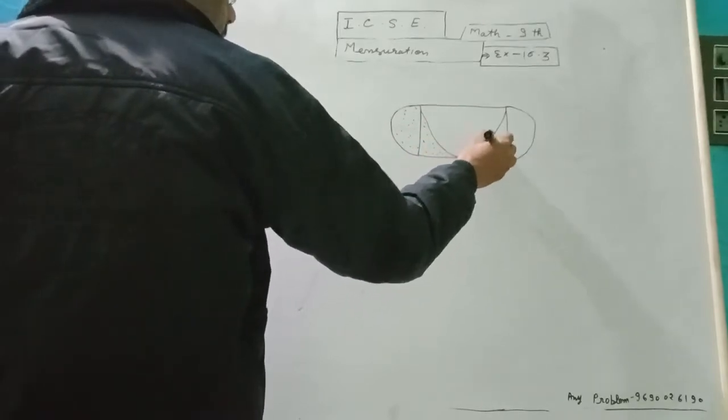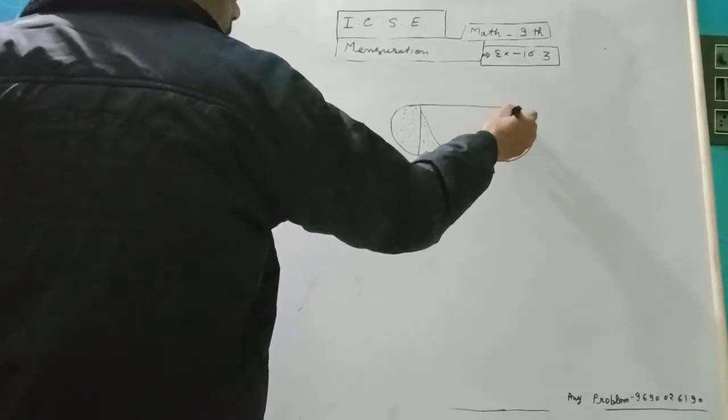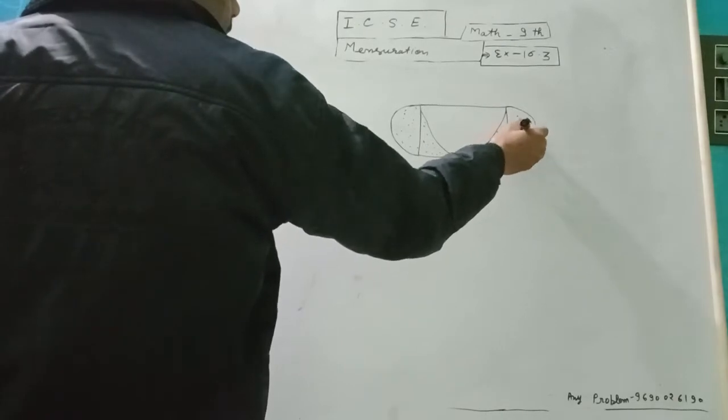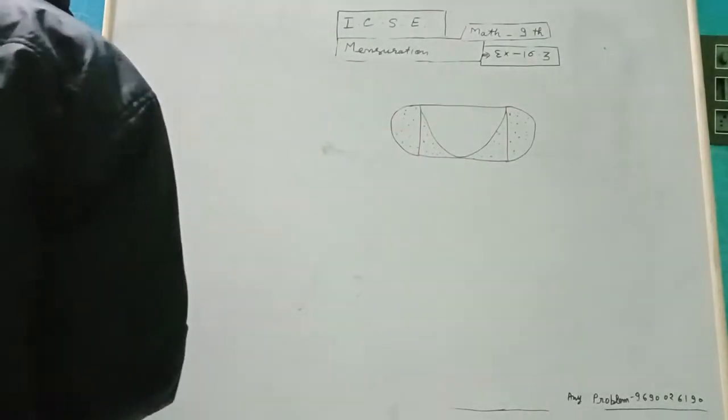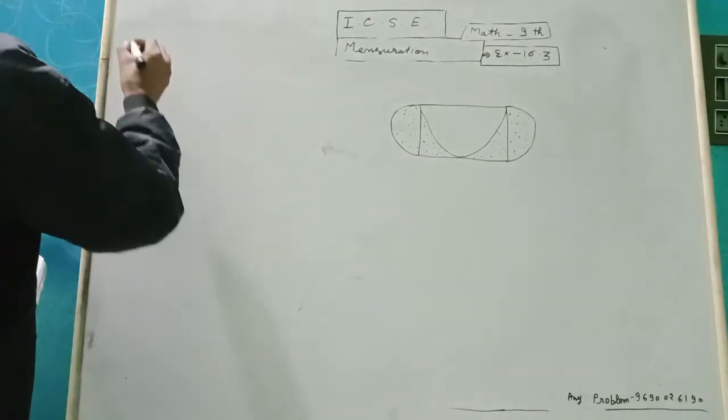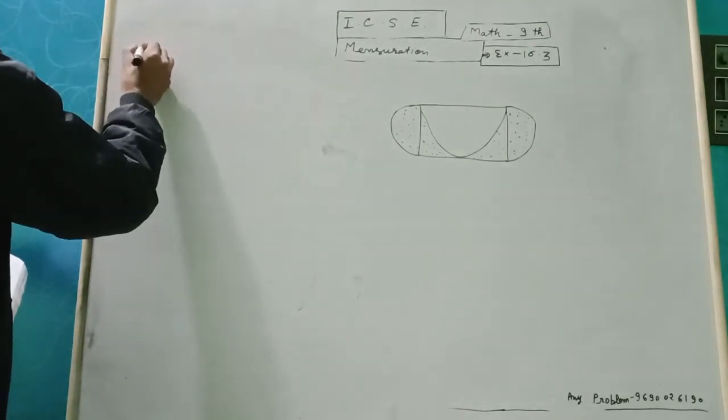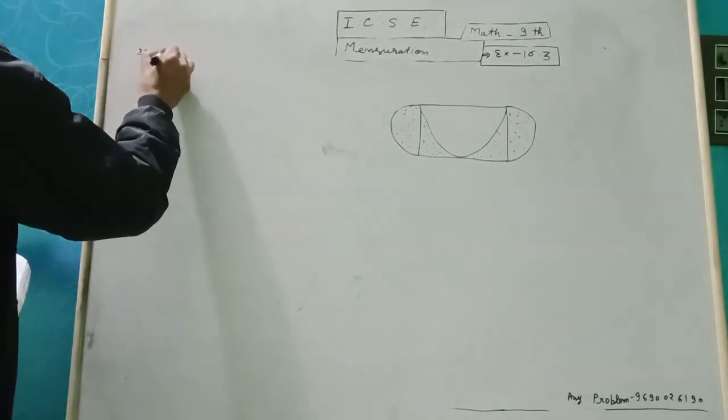At first, find the area of question number 30, A part.